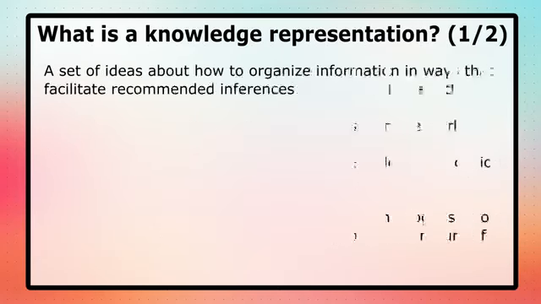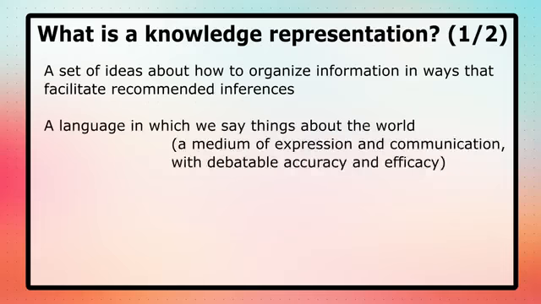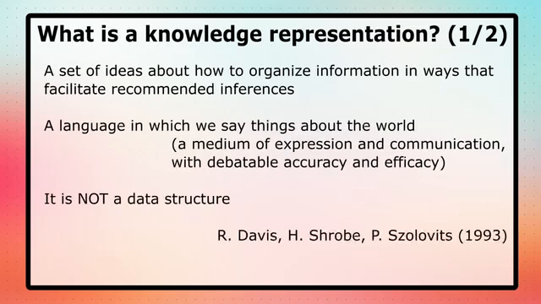What is knowledge representation? A set of ideas about how to organize information in ways that facilitate recommended inferences, a language in which we say things about the world. It's not a data structure. It is just the structure of knowledge, which emphasizes interrelationship among different facets.